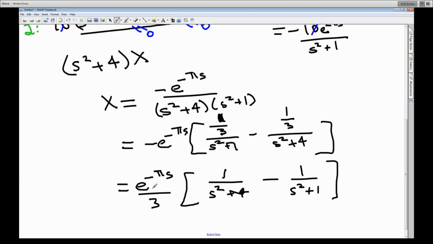The e to the minus s would do some t shifting. So we just need to work out the inverse Laplace transform of these two functions here. And these are close to what's in the table. So if you put a 2 on the top, you have to multiply it by half for it to work, then this is one of the things from the table. So do you know what the inverse Laplace transform of 2 on s squared plus 4 is, by any chance?